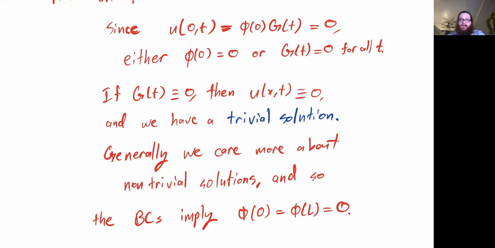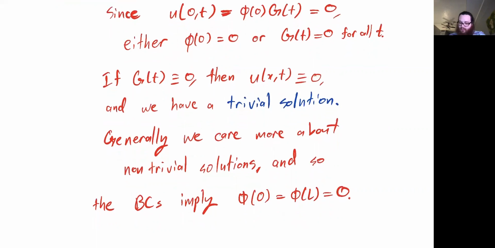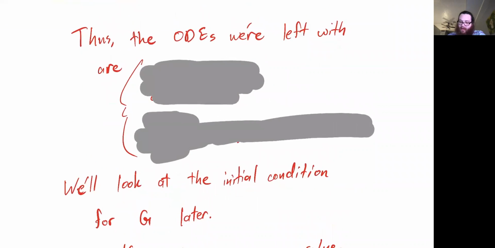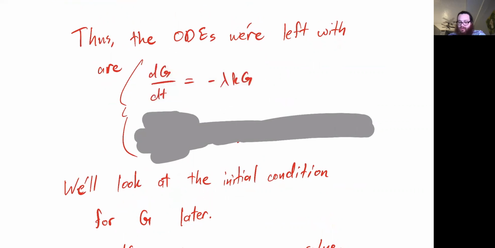And likewise, if we look at the boundary condition for the other end, we get that phi of L is equal to 0. So if we go back, the two ODEs we're working with: one is the piece in time. Technically we have the initial condition, which tells us the profile at time equals 0, but we're going to wait until we've worked with all our building blocks and put them together and then incorporate the initial condition.